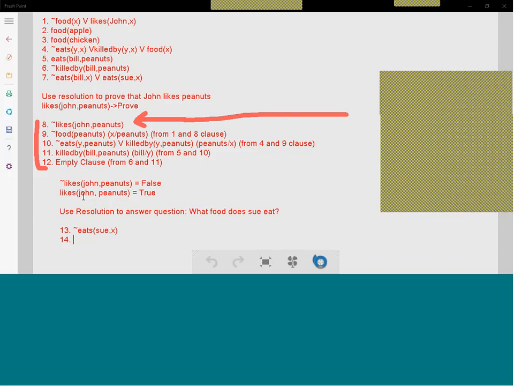Already in 7 we have the negation of Eats(Stew, X), so we will directly write it. We are not replacing X here. So I am writing here the 7 and 13 clause; this gives the 14th statement.